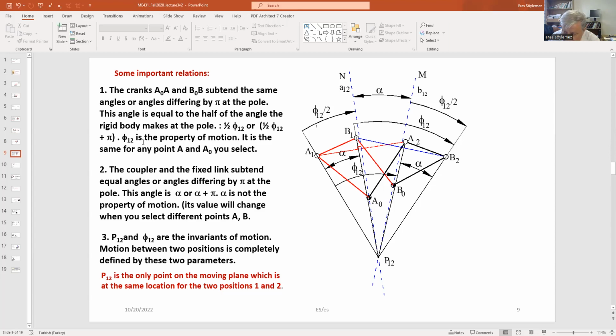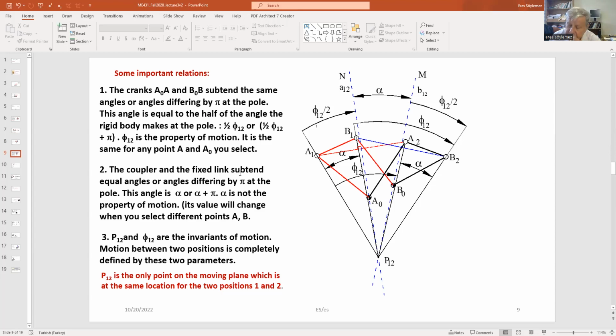Phi 12 is the property of motion. It is the same for any point A and A0. It doesn't matter where A, B is selected. This is true if that is the correct A0. You can have any point A and A0.